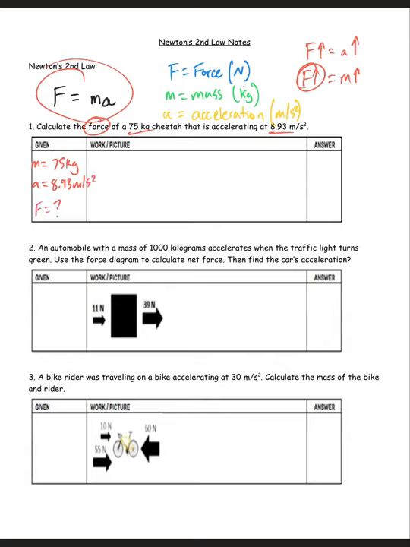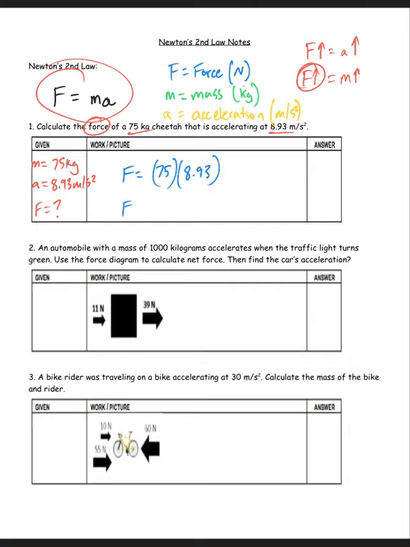And now I'm simply just going to plug in those variables to our equation that we just learned about above. So F equals ma. F is what we're looking for, so I'll leave it as F, or you could substitute in X. M is 75, and A is 8.93.